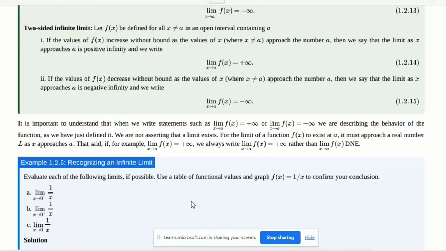I'm battling to clearly hear Magwen. Can anyone hear her? Yeah, she's saying the limit as x approaches 0 from the left is not equal to the limit as x approaches 0 from the right. Therefore, the limit of this function as x approaches 0 does not exist.